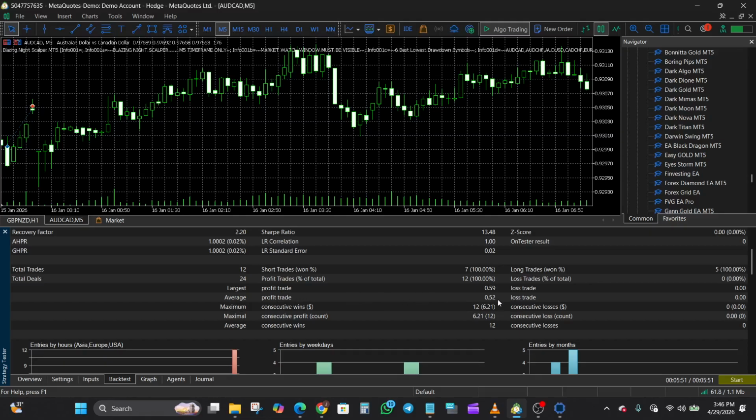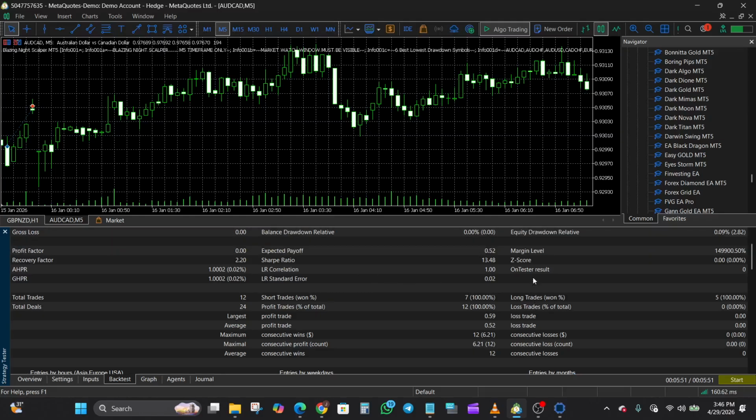Average profit is 0.252. Okay, so these are historical backtest results, don't forget, and they show how the EA performed under past conditions. So it's not a guarantee of future performance. What stands out is the consistency of the logic. The EA enters during low volatility, builds positions when needed, and exits as a basket when price retraces.